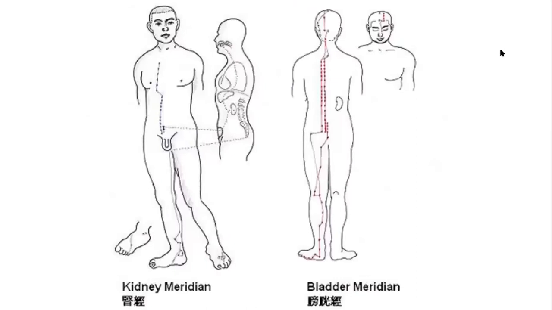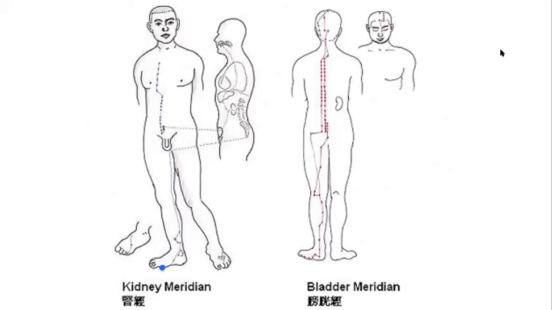Next, the kidney and the urinary bladder. The bladder is the longest channel. The kidney we talked about starts from the bottom of the foot, where you imagine a root coming out from the bottom of the feet and going down to the earth.